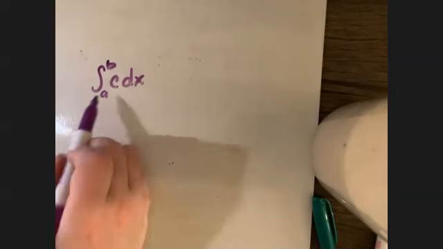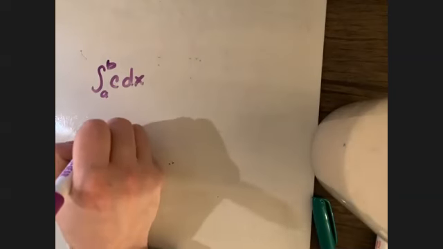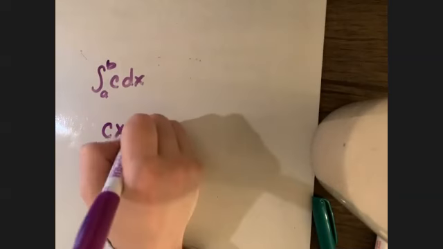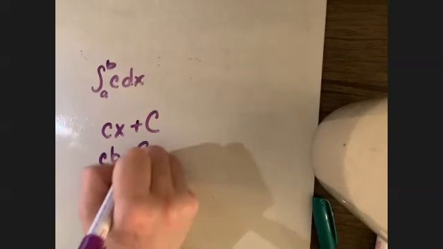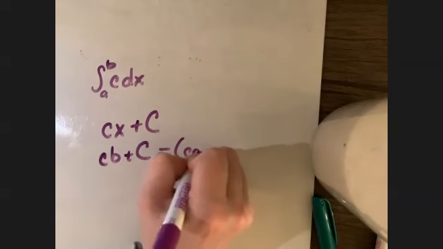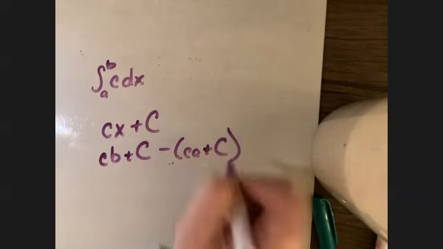Okay. Now then, another one that they're going to do, and we're going to expand on a lot of these as we progress forward through our integration, is if we do a constant function. So if this was a 3, okay, guys, think about this. That's going to go back up to c times x, again, plus a big constant. So that is going to be, and again, we plug in upper minus lower, so that's going to be cb plus the big constant minus ca plus the big constant.